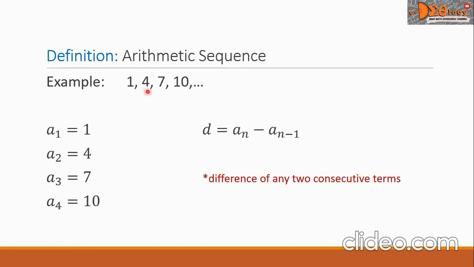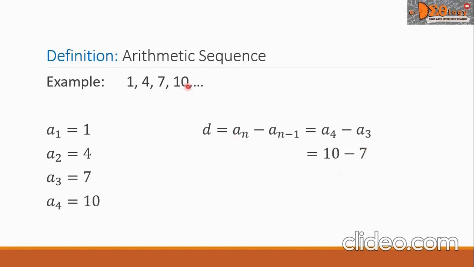So it's like a sub 2 minus a sub 1, or a sub 3 minus a sub 2, or it can be a sub 4 minus a sub 3, and the difference must be common. As an example, we may show that a sub 4 minus a sub 3, and this is 10 minus 7, and the answer is 3.